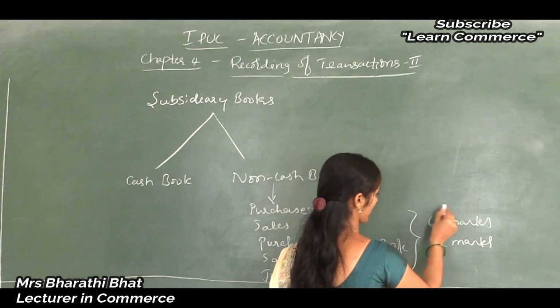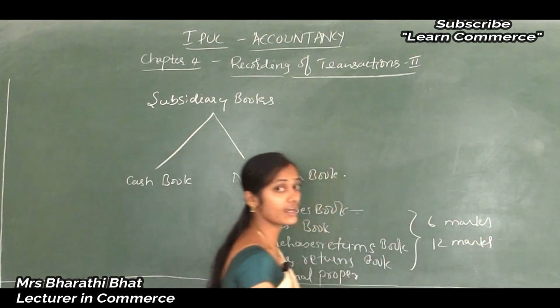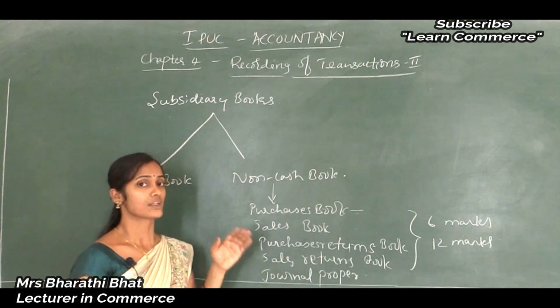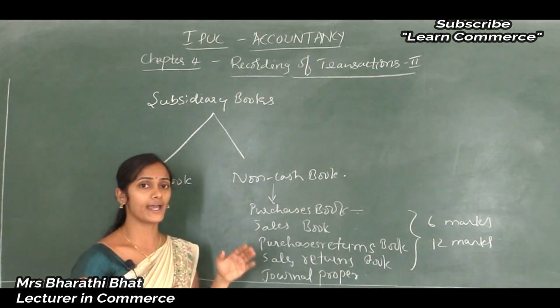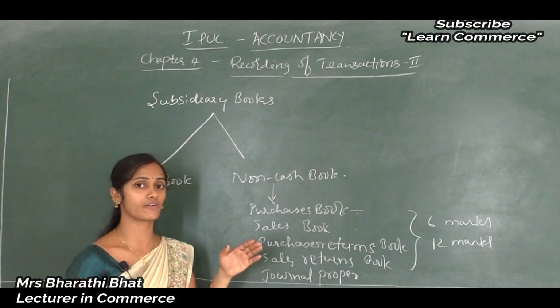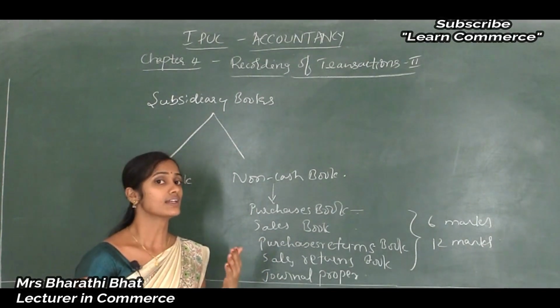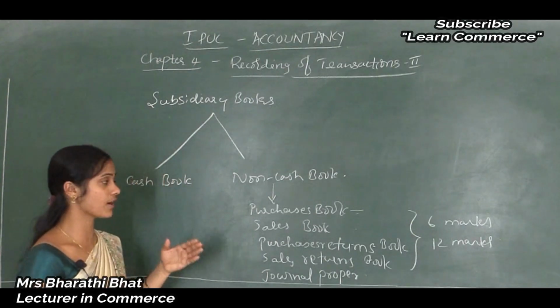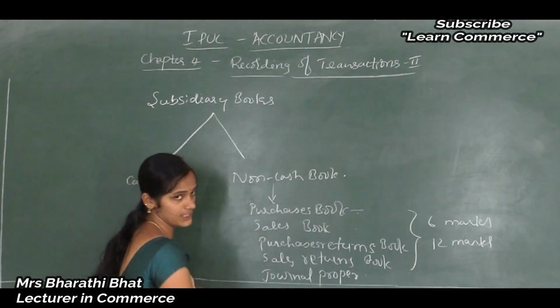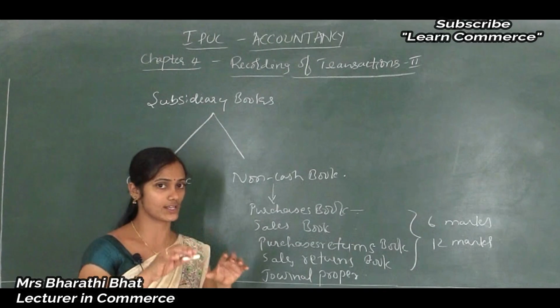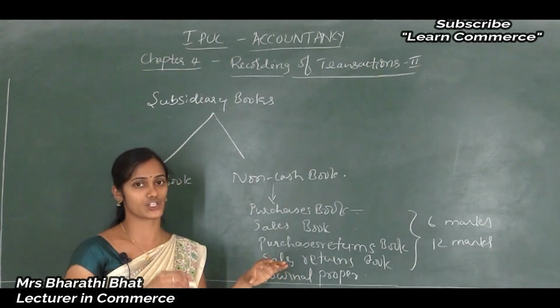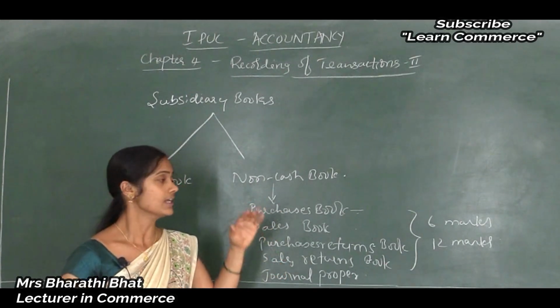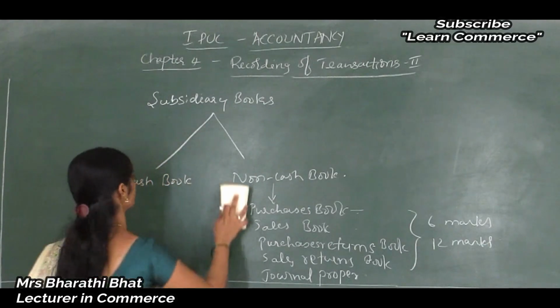Questions may also be like: prepare proper subsidiary books from the following transactions. In that type of illustration you have to prepare all the subsidiary books by classifying the transactions: this comes under purchases, this comes under sales, like that. Let's discuss one by one.